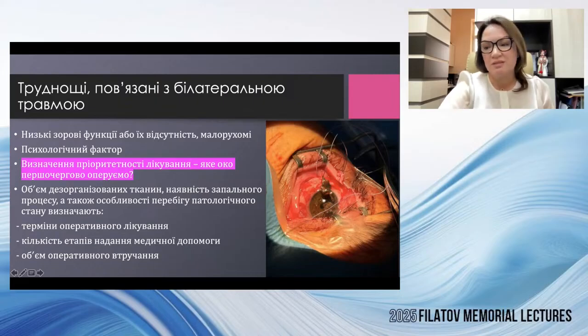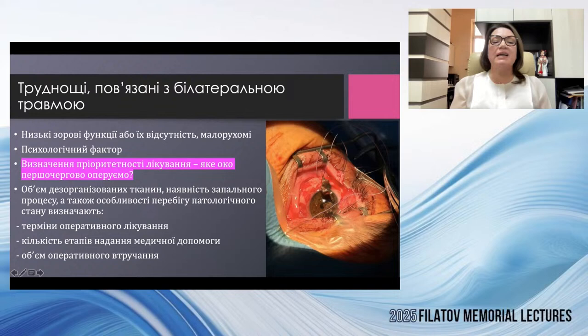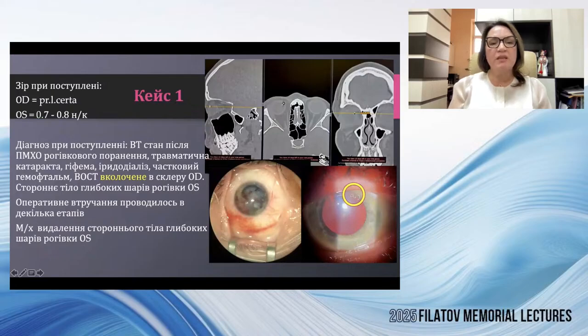Actually, this is also an important question for us. Which eye shall we start with? With the easier damage or the heavier damage? The presence of the inflammation process defines the stages of the medical assistance and the volume of the operative intervention.